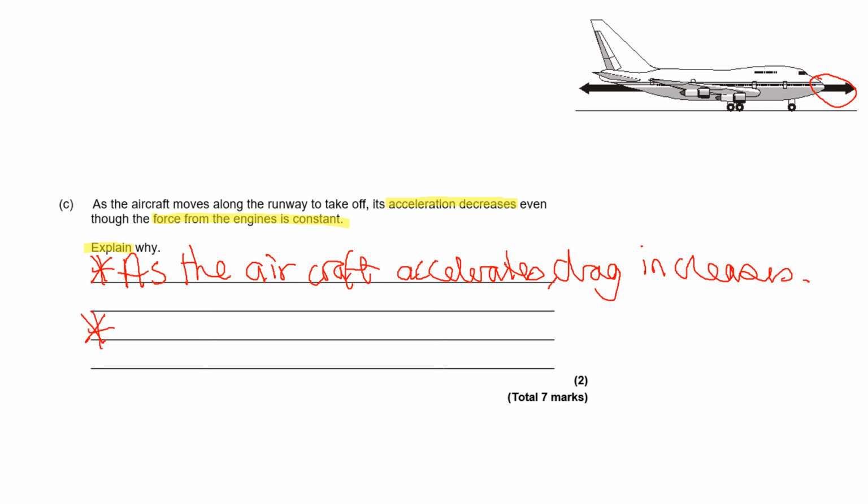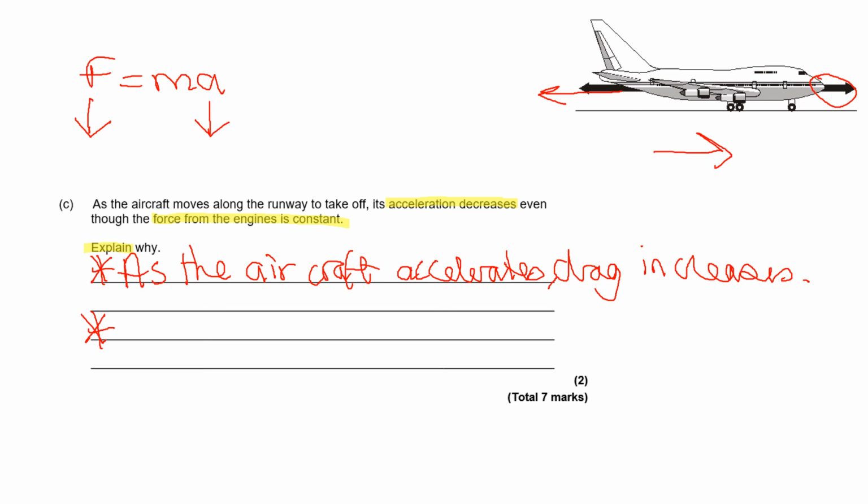Now if this backwards force here gets bigger, then what will happen is that the resultant force acting forwards will get smaller. And therefore, as the resultant force forwards is smaller, then we're going to have a smaller acceleration. So remember from F equals ma, if I decrease the resultant force, then the acceleration will also go down.